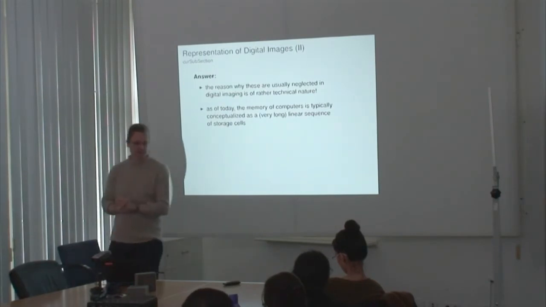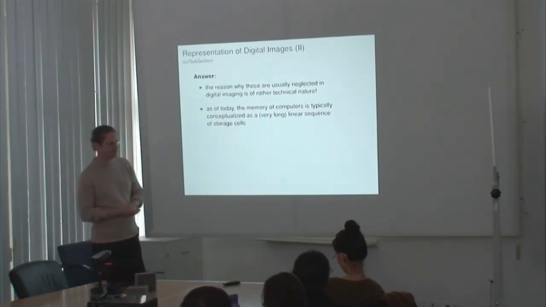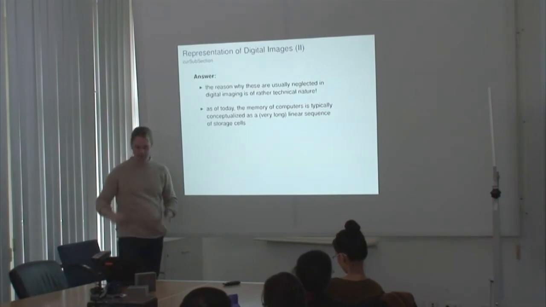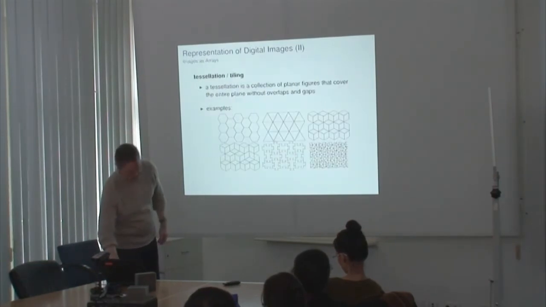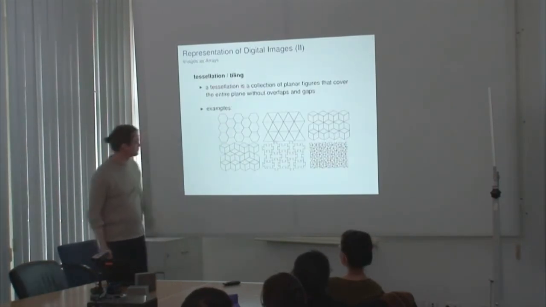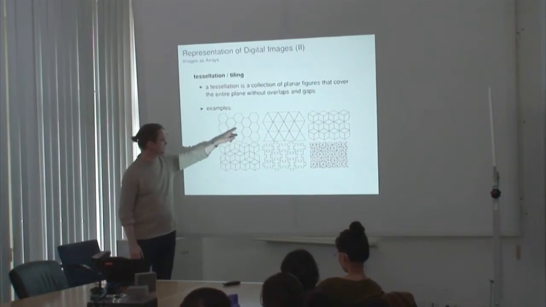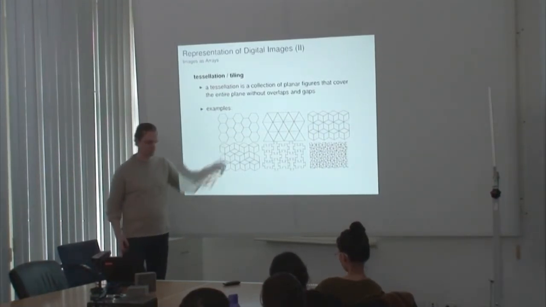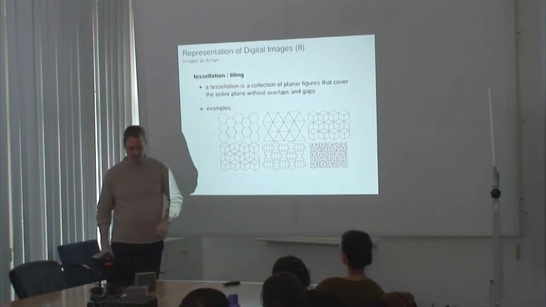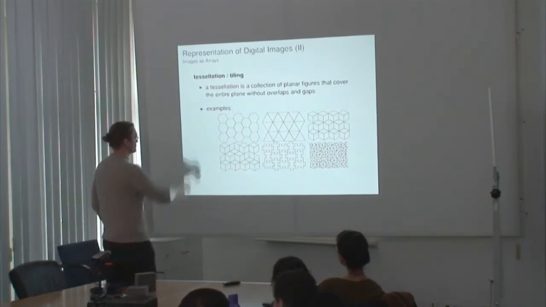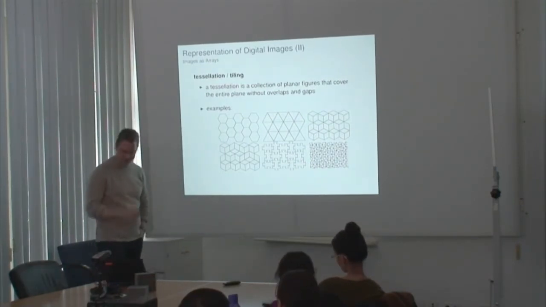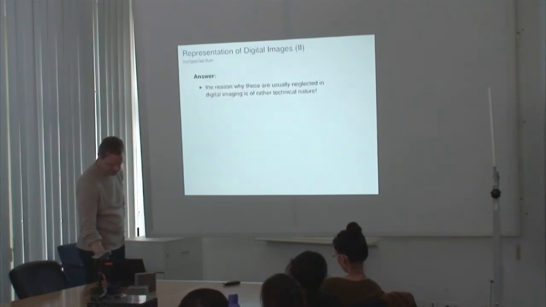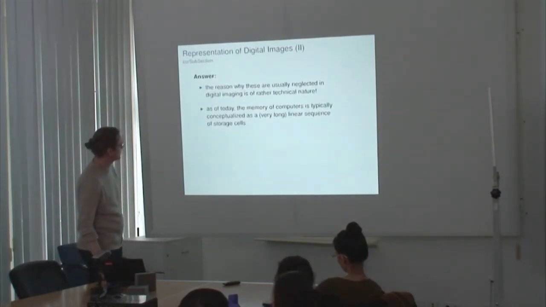And once again, if we had this hexagonal tiling, which has the beautiful property that every pixel in the neighborhood would be exactly the same distance, it would be slightly more difficult to represent in the memory of our computers.